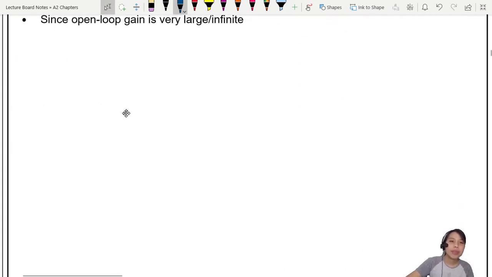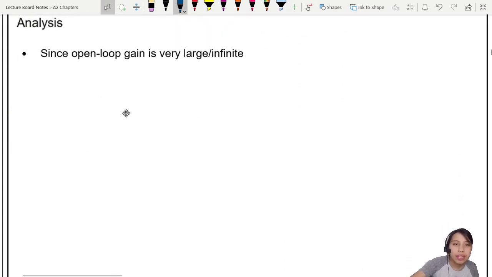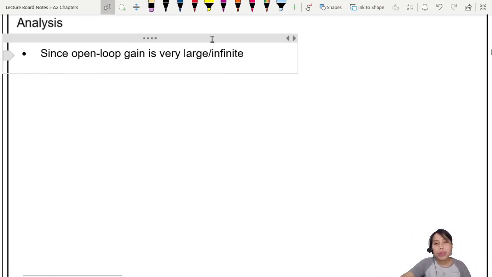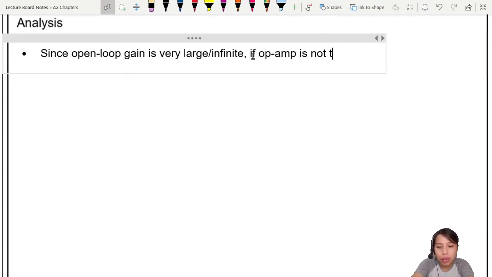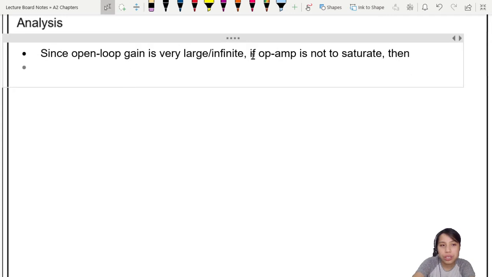We can do this. The first thing, we know the open loop gain is very large. The op-amp's gain is infinite, very, very large. But you don't want the op-amp to saturate, hit maximum, then keep becoming a square wave. We don't want that. We talked about this in the feedback video previously. So if we don't want it to saturate, then you have a certain condition.